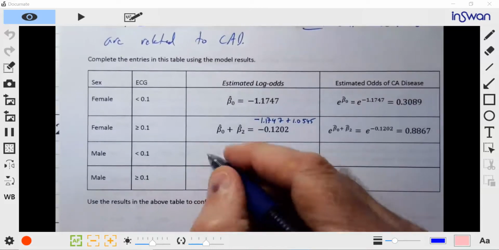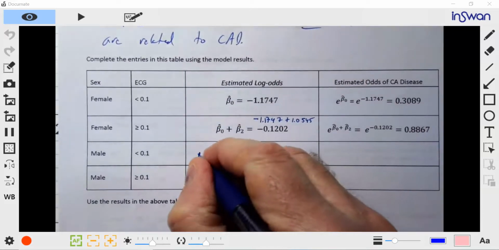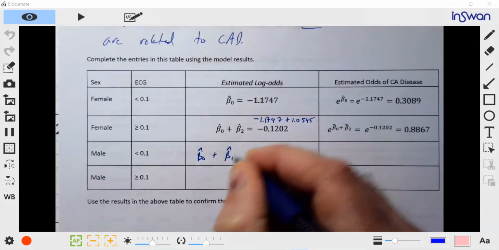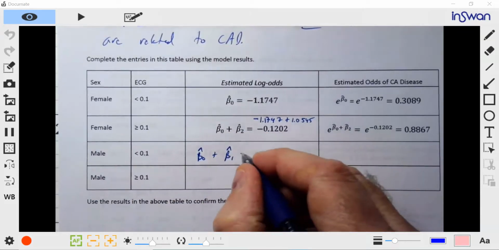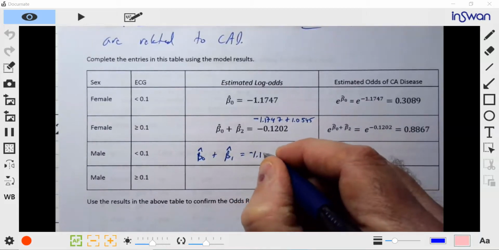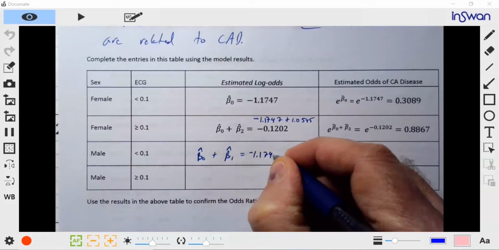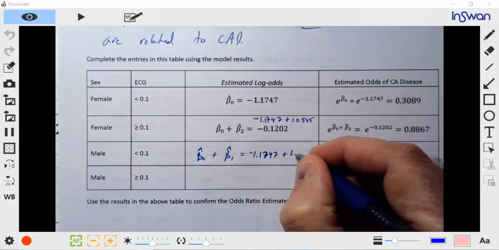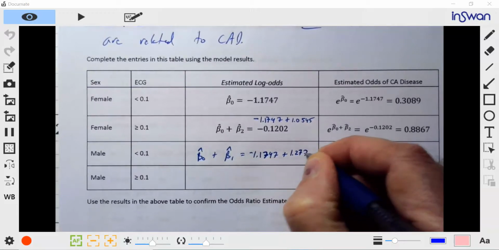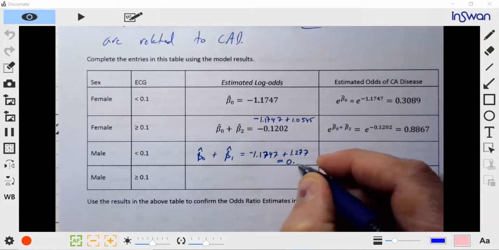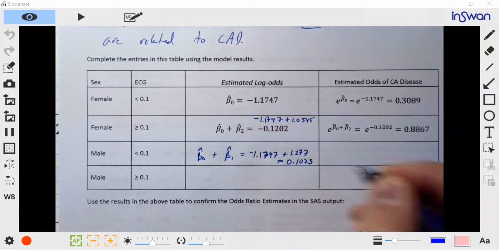For males with a low ECG, it would be the intercept, beta 0 hat, plus, since we have males, beta 1 hat, but it's a low ECG, so we don't have high. So that'd be negative 1.1747 plus 1.277, which if you do that calculation is 0.1023.